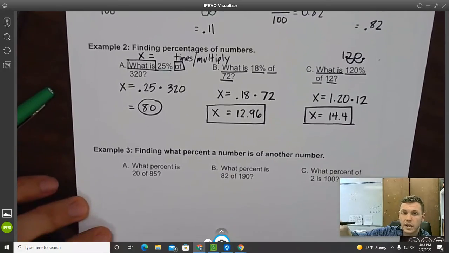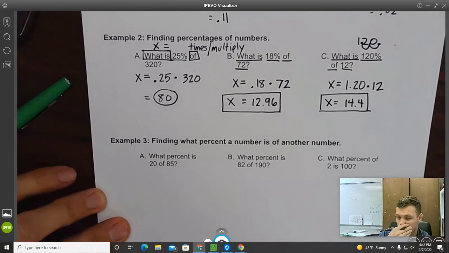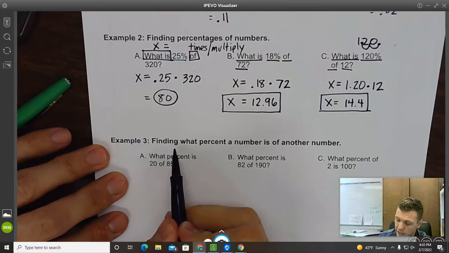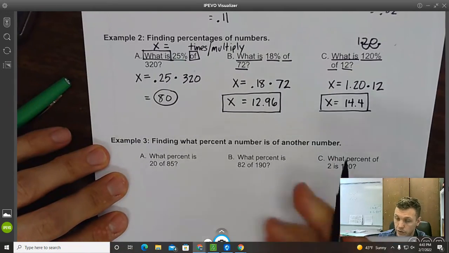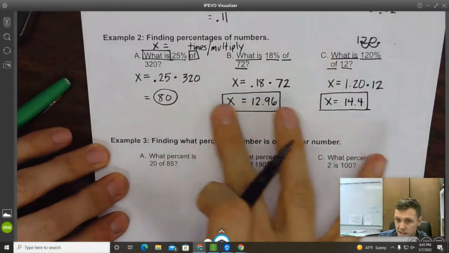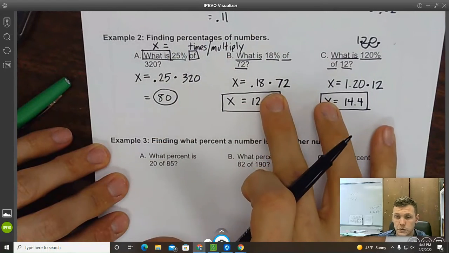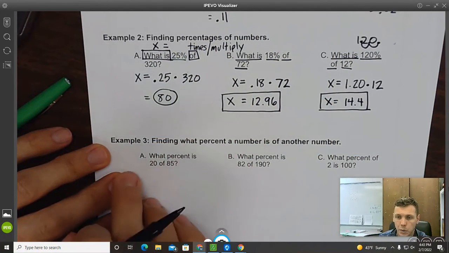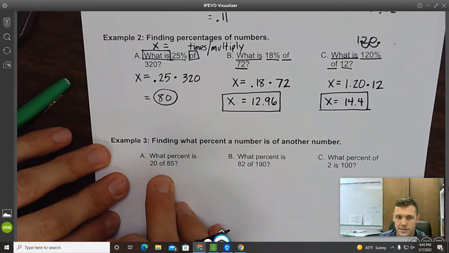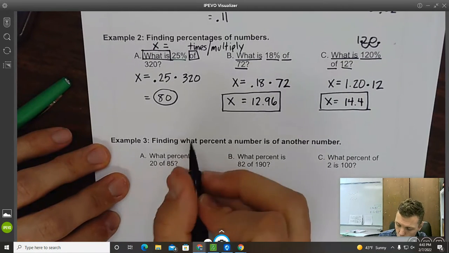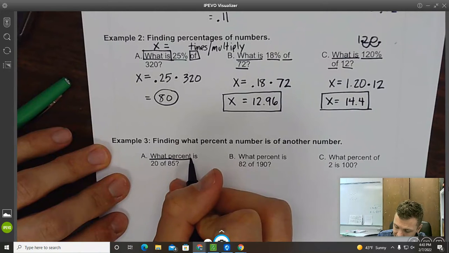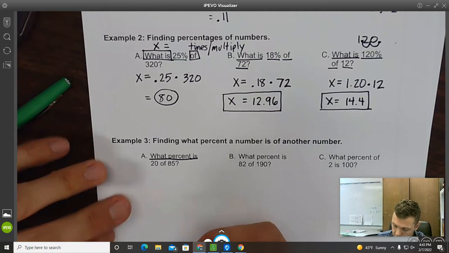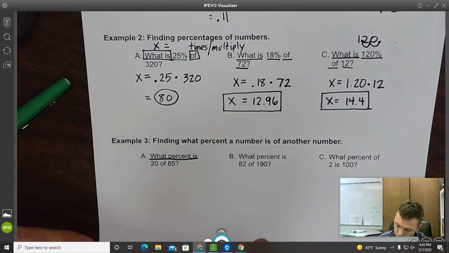Now, example 3, we're going to look at it a little bit differently: finding what percent a number is of another number. We're going to do the same thing that we did here in terms of translating, but the order will be a little bit different. So this says what percent is.